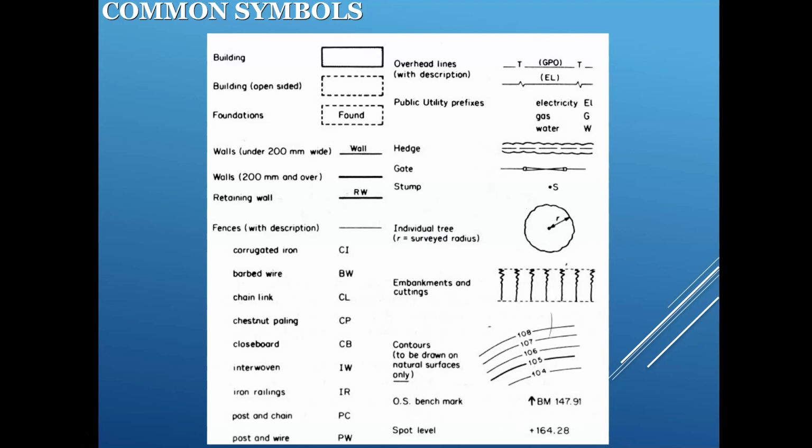When you draw a tree, you do something like that. That's acceptable rather than drawing a tree like that, which is not good. We don't do that when we provide a plan for engineering purposes.